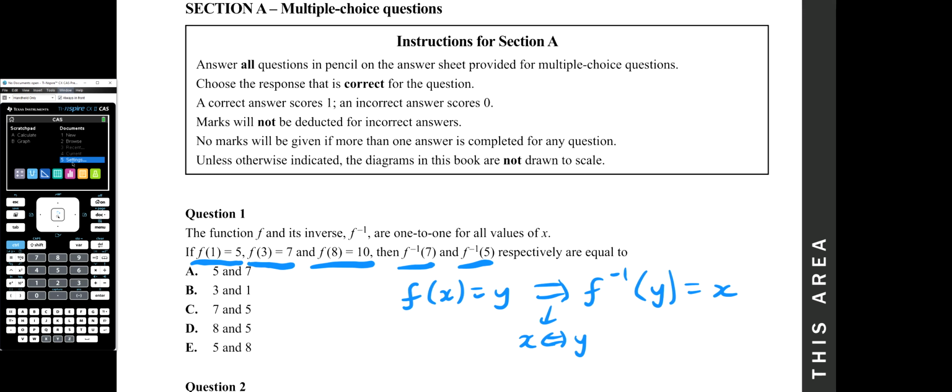So all we need to do is look for y values of 7 and 5 in the original information. A y value of 7 gives an x value of 3, and a y value of 5 gives an x value of 1. So we're looking for 3 and then 1 respectively. That is the answer B.